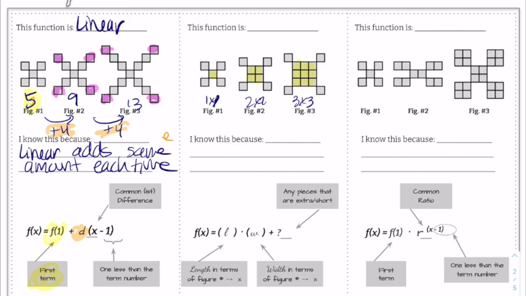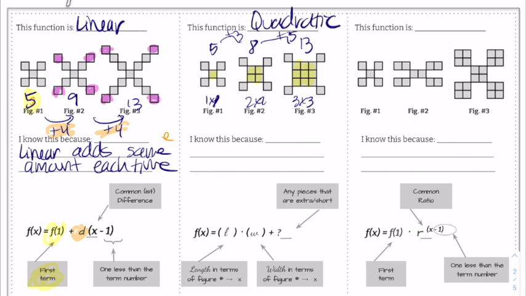So if we look at the numbers, we've got 5, 8, and 13. Right? So here I'm adding 3, then I'm adding 5, which since they're not the same, it's not going to be linear. So because our square is growing, or if you notice, we're changing both the length and the width, right? That would be an area kind of thing, which goes with quadratic. So this function is quadratic.